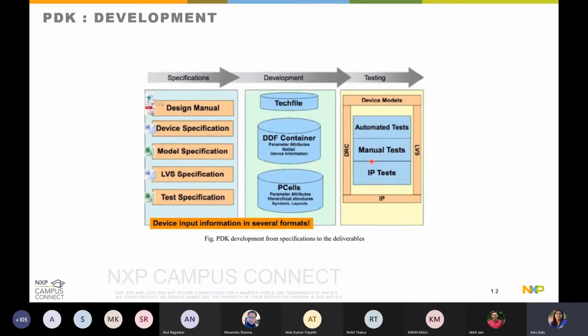There is a lot of manual testing, and there are a lot of automated test suites that we have created within the PDK team, which make sure that once the PDK is out, it is of good quality and can be directly used for the production version.